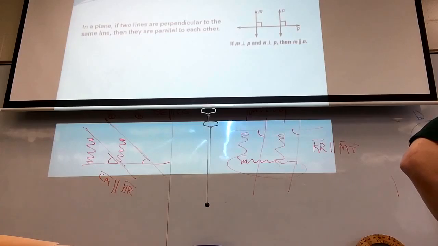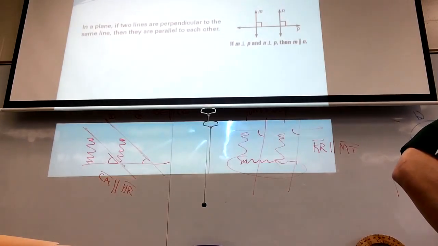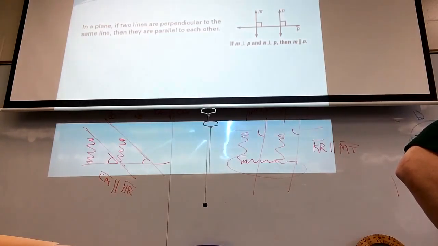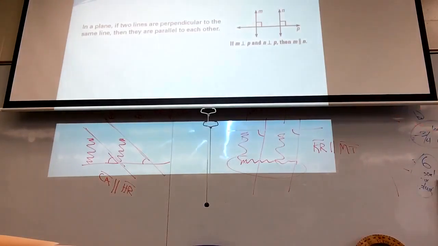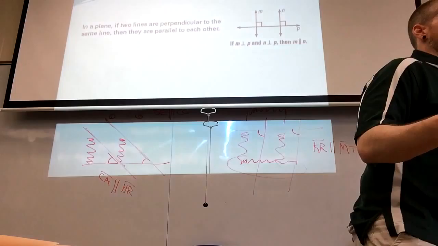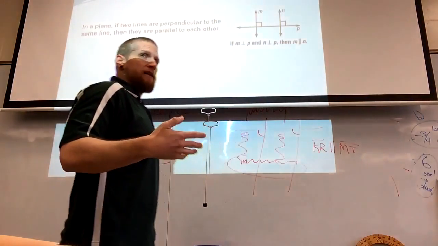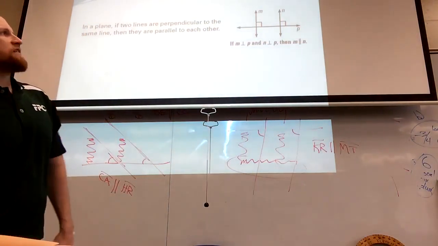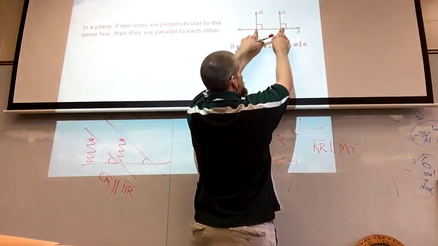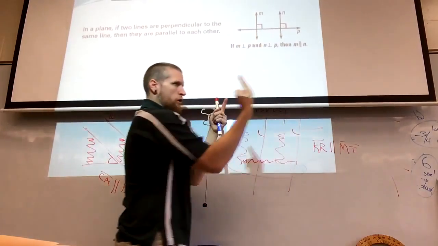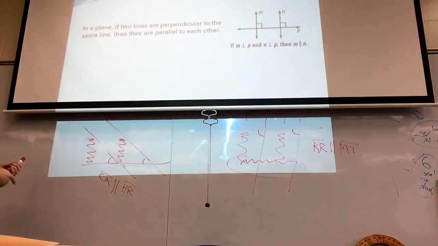For 3-8 to work, you have to know right away that you've got two lines that are perpendicular to the same line. The way this is drawn, and this is why I say if you just know the first 4, you can kind of get around these, where they have the right angles marked, they're in corresponding positions.